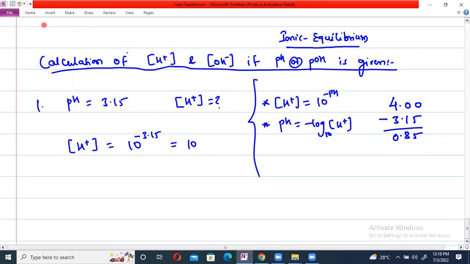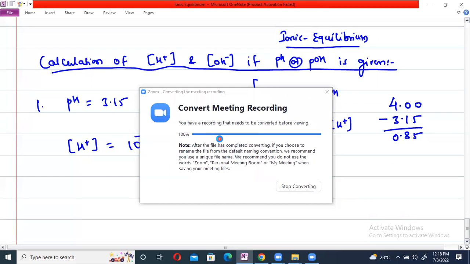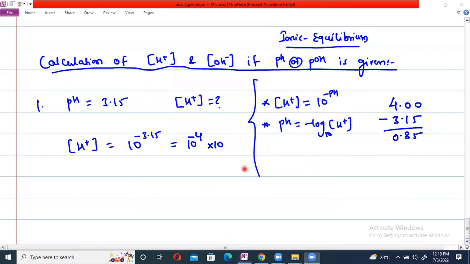So we can write in this way. This 10 to the power of minus 3.14 can be written as 10 to the power of minus 4 into 10 to the power of 0.85, because with the same bases, minus 4 plus 0.85 becomes minus 3.15.